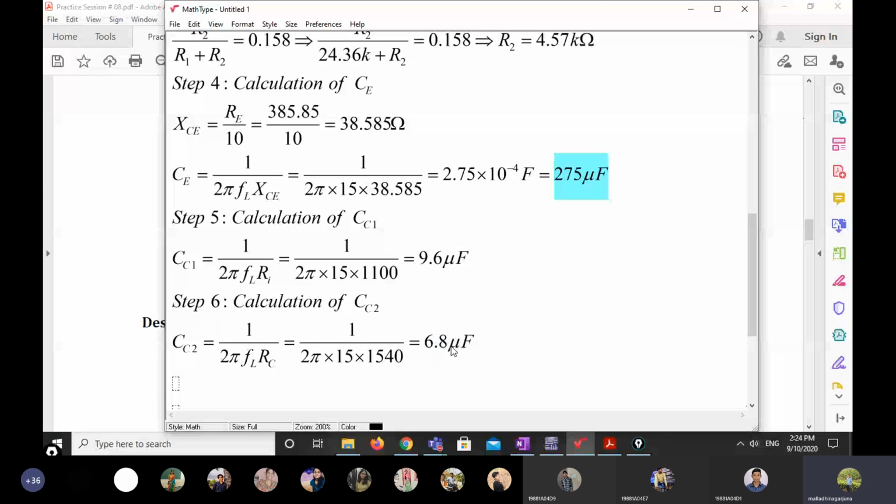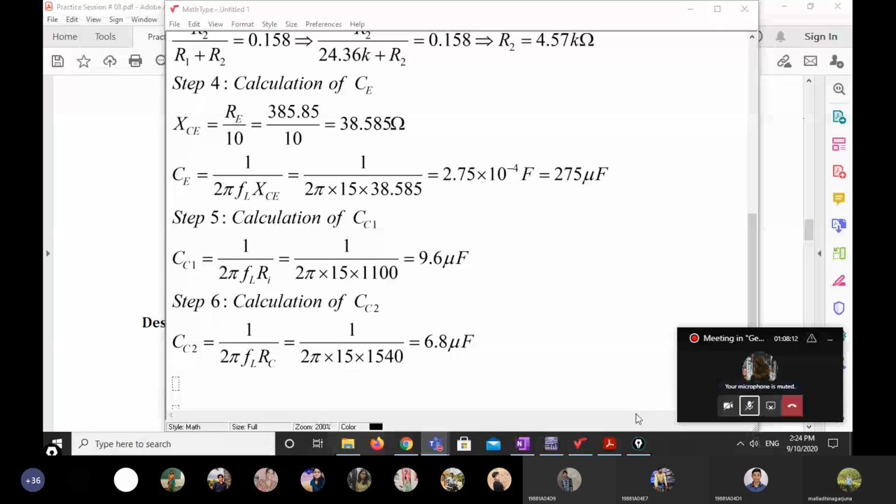So 1, 1, 10 or 10, 10, 100. So these are the values.